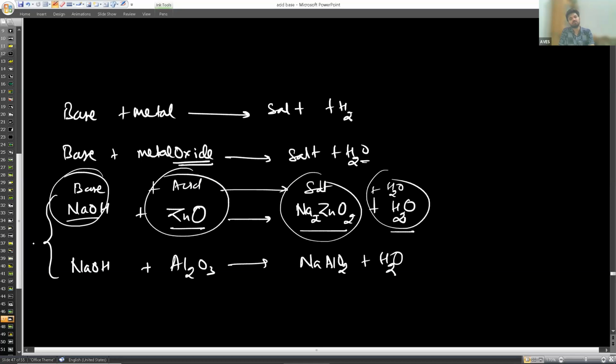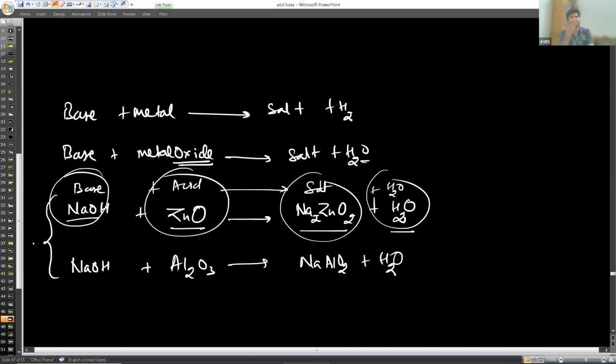ZnO should be an acid, no? It is not an acid, but it is behaving like an acid. When a base reacts with something and gives salt and water, that thing should be an acid.